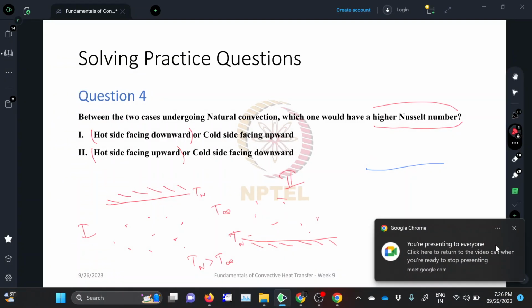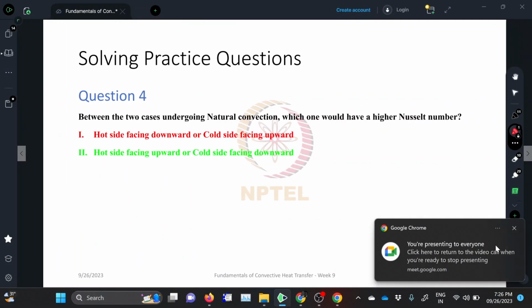Okay, let's have a look at the solution. And indeed, option 2 is the correct one.